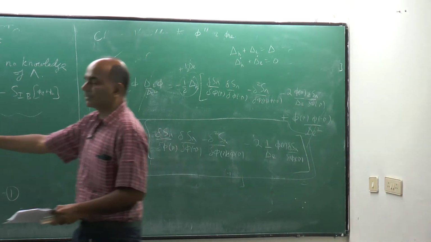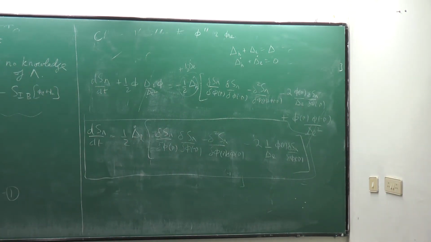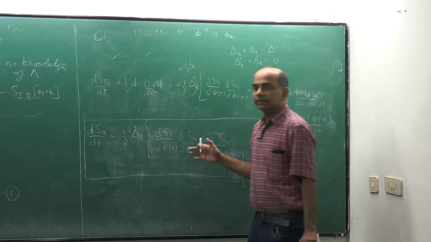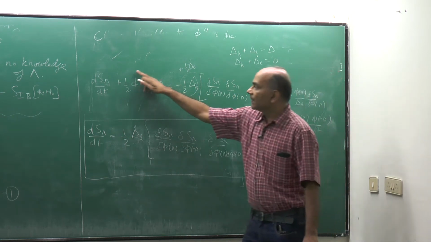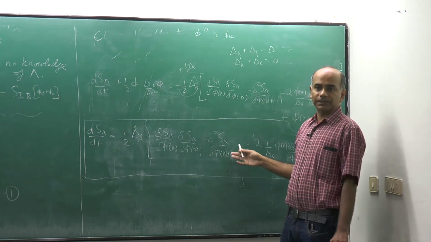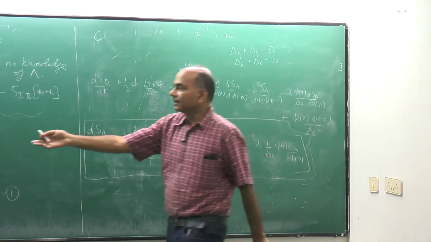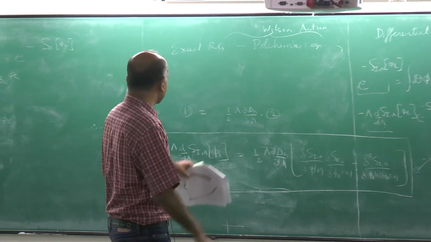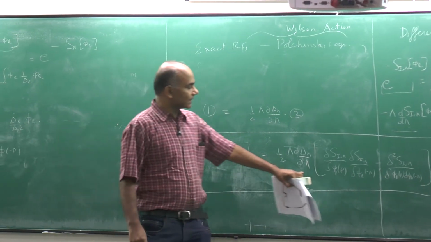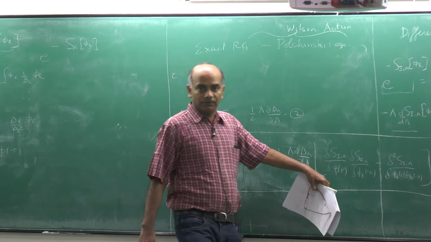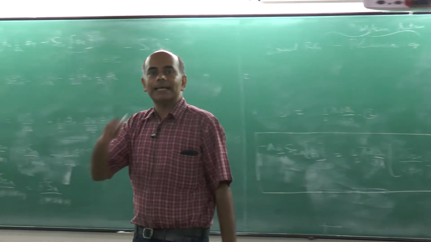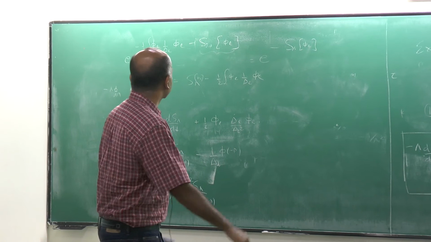And of course, it follows trivially that the pure Gaussian action is a solution of this, because that's just saying that S interaction is 0. So if you start with a pure Gaussian action, S interaction is 0, so it trivially satisfies this equation. Putting S interaction to 0 is the original Gaussian action.